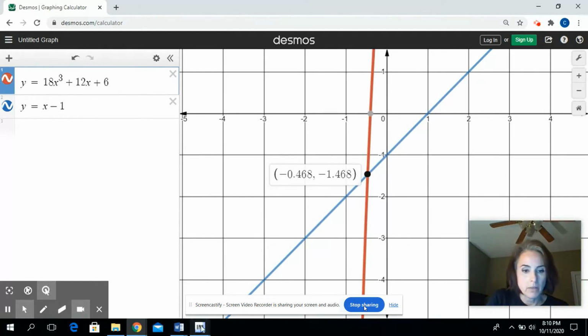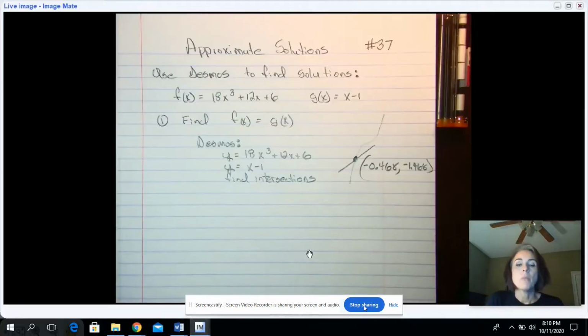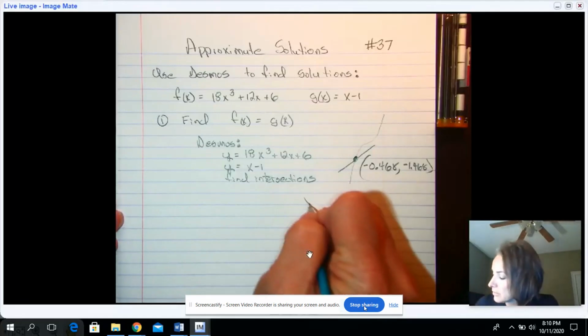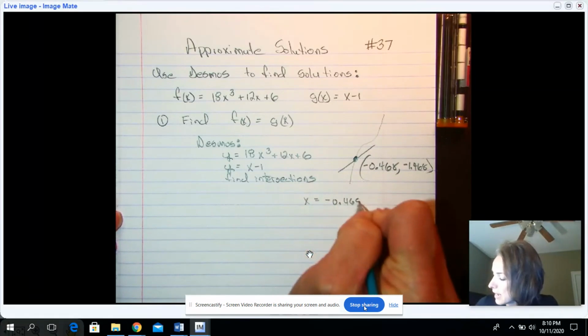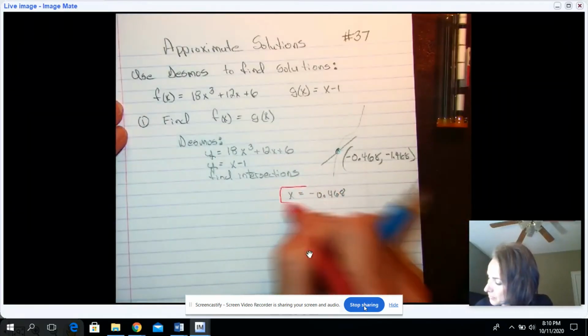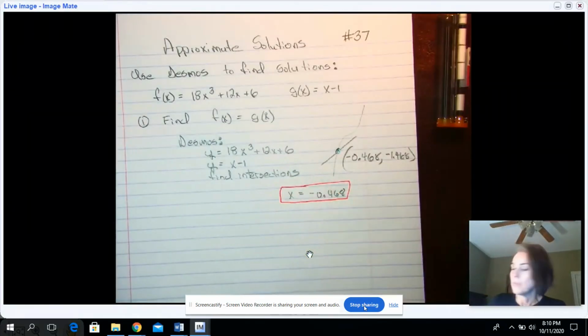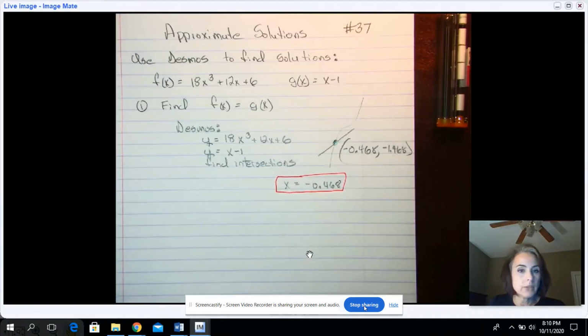Okay, going back here. But the only thing we want is the x value. So that's your solution, negative 0.468. So that's our answer. All right, so that's where those two graphs intersect.